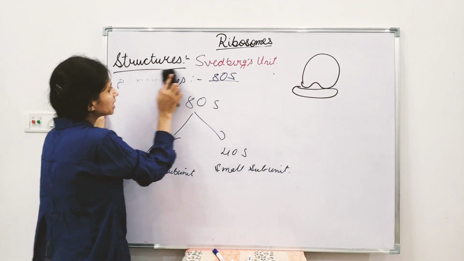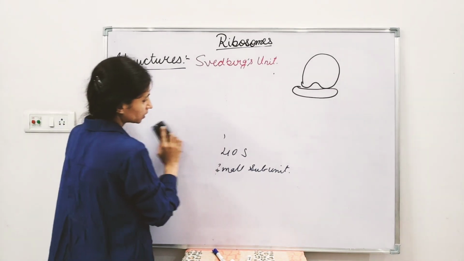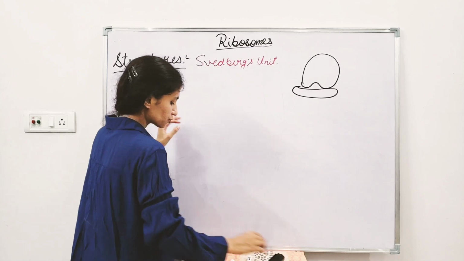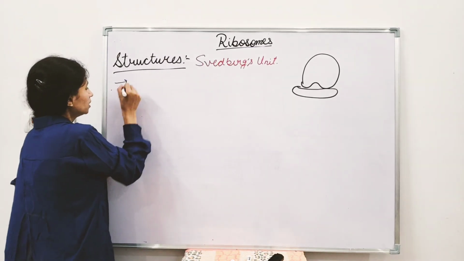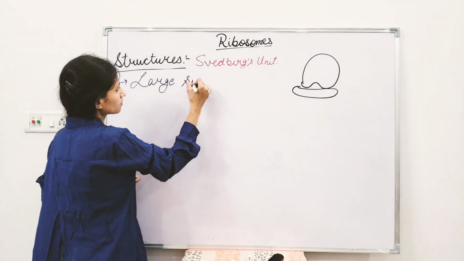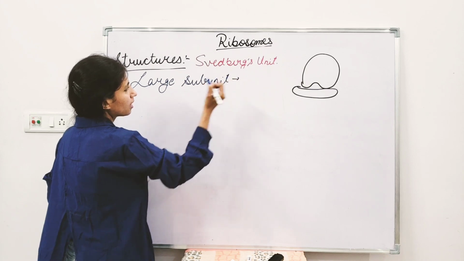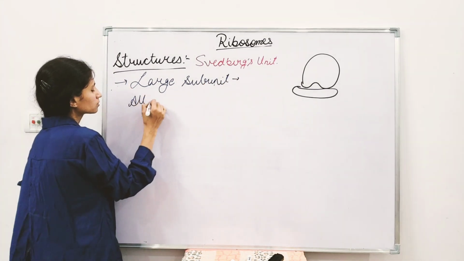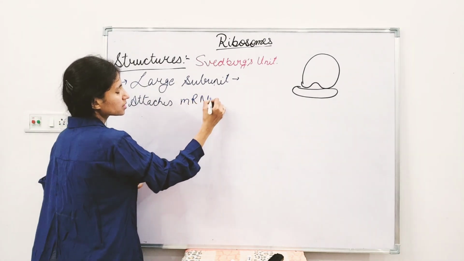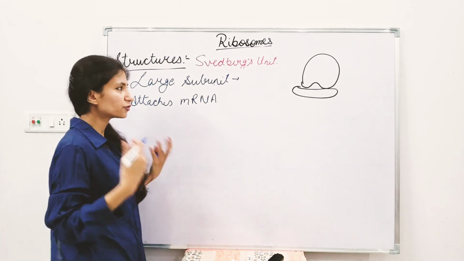What is the role of the large subunit of the ribosome, or what is the role of the small subunit? When we talk about the large subunit, it attaches to the mRNA, that is the messenger RNA coming from the nucleus through transcription for the translation process.